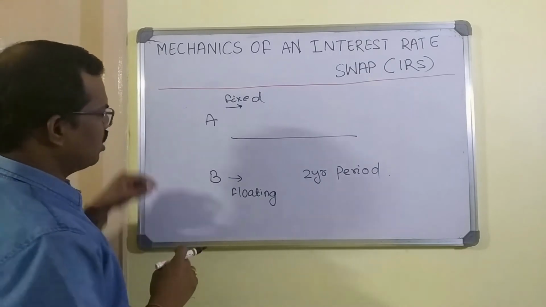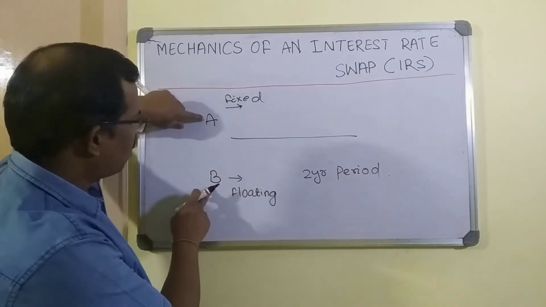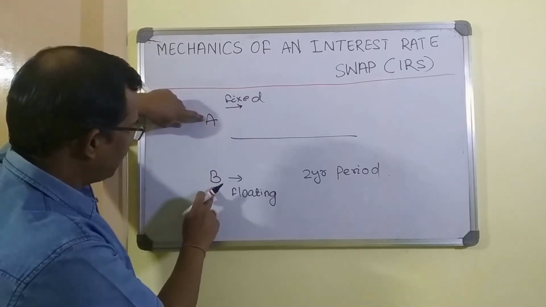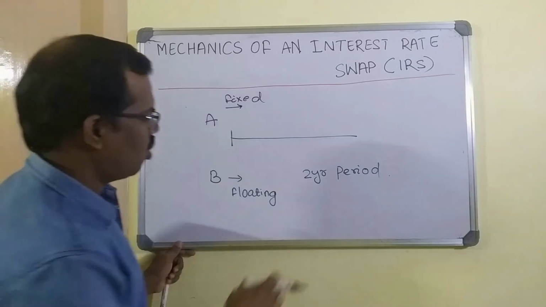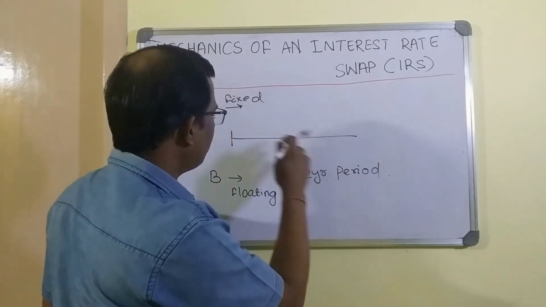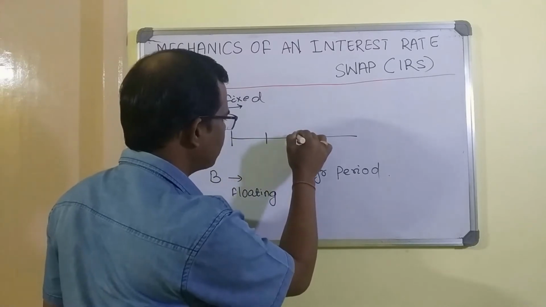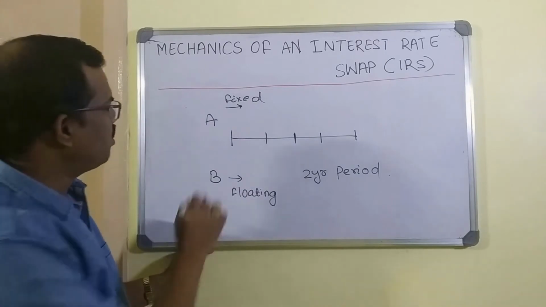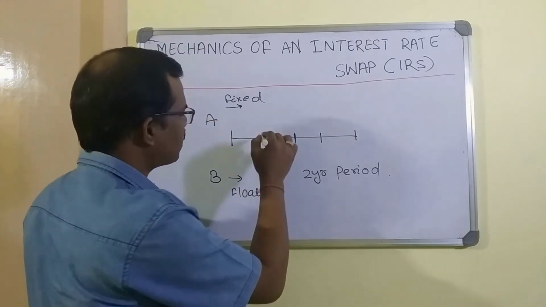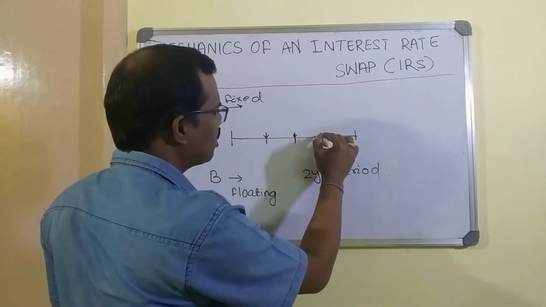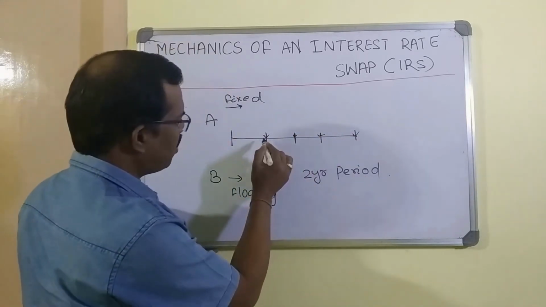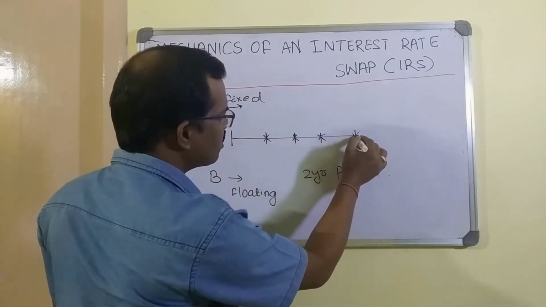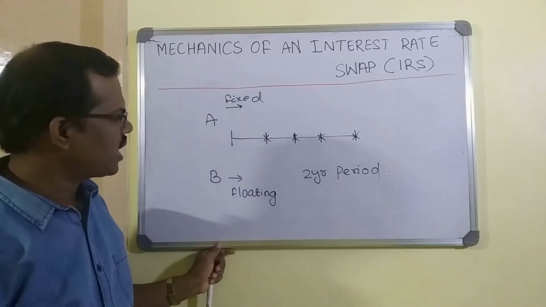Okay. The parties A and B are called counterparties. For A, B is the counterparty, and for B, A is the counterparty. Now, over the 2-year period, they will agree that every 6 months there will be an exchange of the interest portion. That means A will pay the fixed amount to B and B will pay the floating amount to A. So every 6 months there will be an exchange of cash flows.